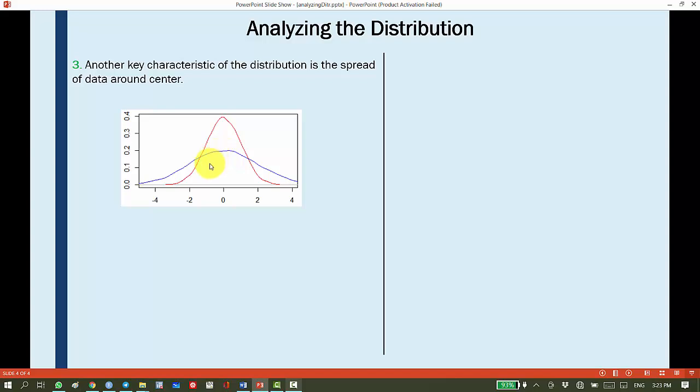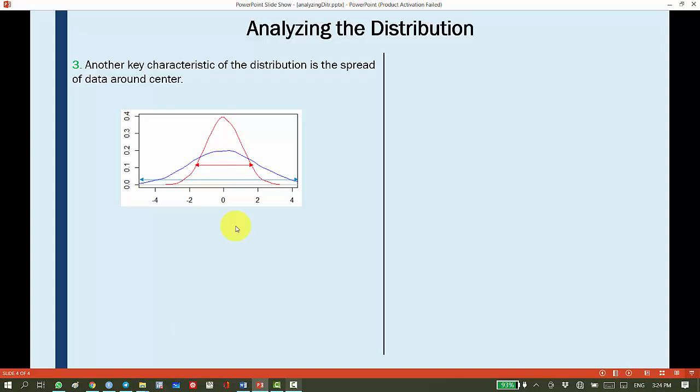That is, the distance of observations in the red distribution is relatively closer to the center compared to the observations on the blue distribution. Using this line, you can see that the range of variation in the blue line is much wider than the range of variation of observations in the red density.